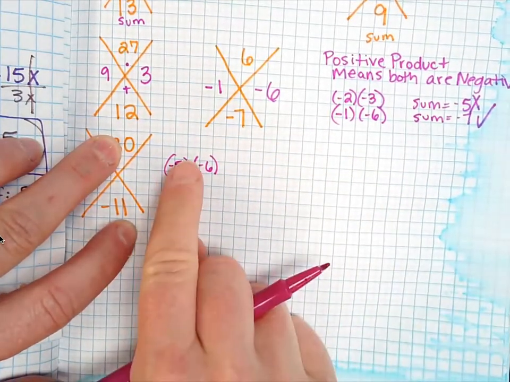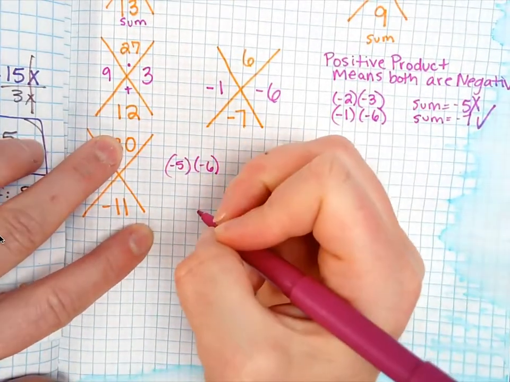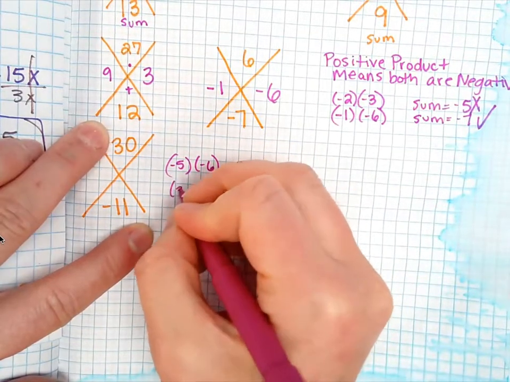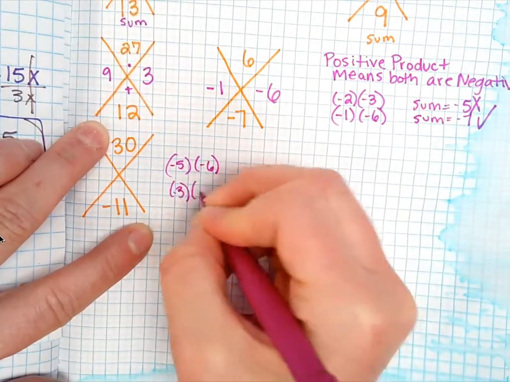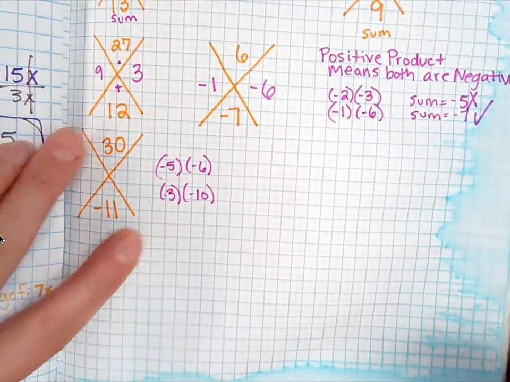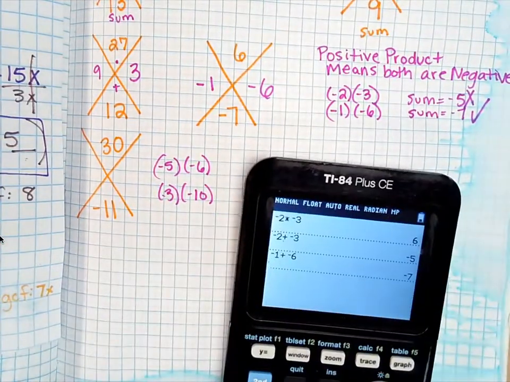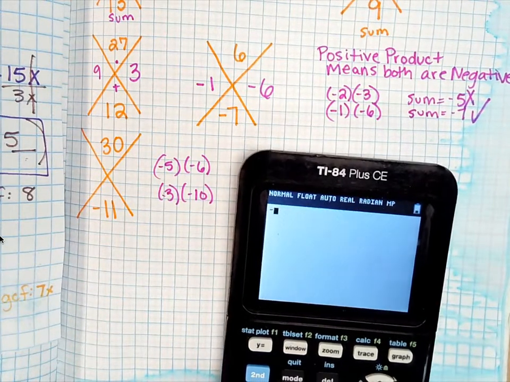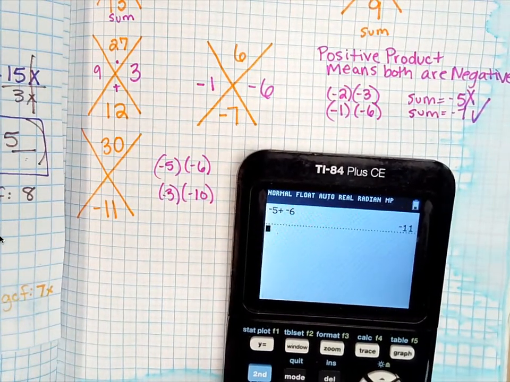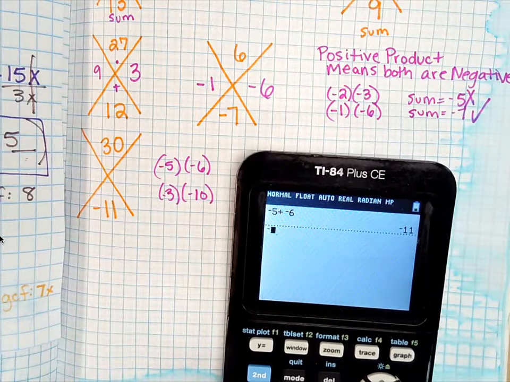Okay, let's try negative 5 and negative 6. What's another one? Negative 3 and negative 10. So what you'd have to do once you get those, actually add them together and see which one actually does what you want it to do. That one works, but what happened to the other one?